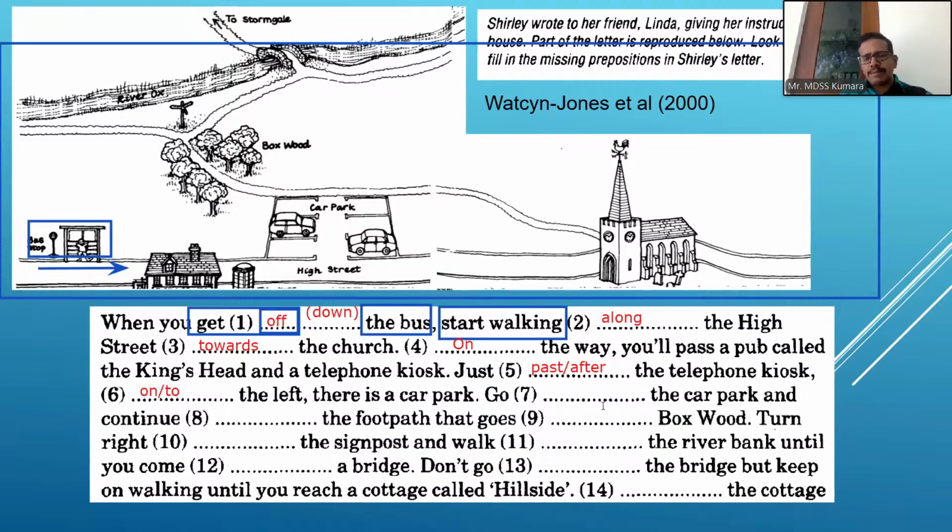Go blank the car park. Around. This is kind of walking directions. Any other answer?